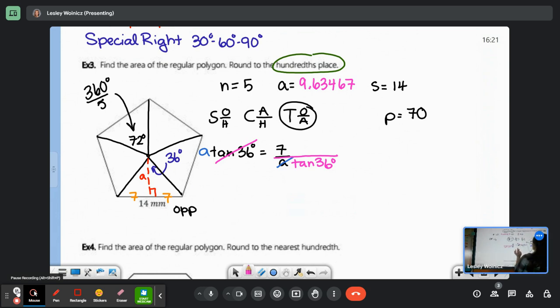Where are we? We know the perimeter, we know the apothem, we're ready to rock and roll. What's the area? The formula is 1/2 apothem, 9 point, yada, yada, yada, times the perimeter, which we said was 70.